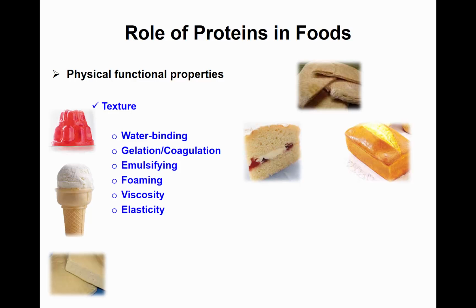Water binding is important in gels, and it's also important to retain the water that the gel interacts with, whether it is a yogurt, a meat product, a tofu, or a jelly. Emulsifying and foaming. Ice cream is both a system of emulsification and foam. You have salad dressing, like I said earlier. Mayonnaise is emulsifying.